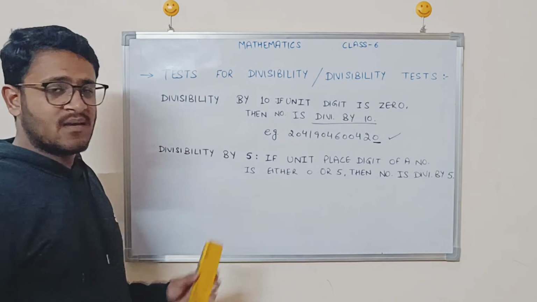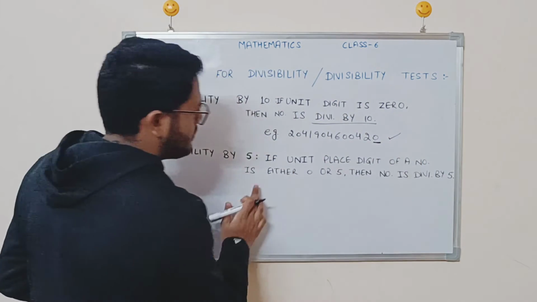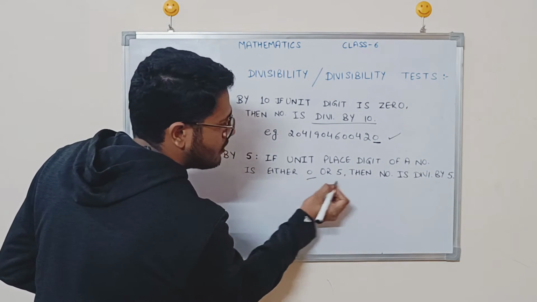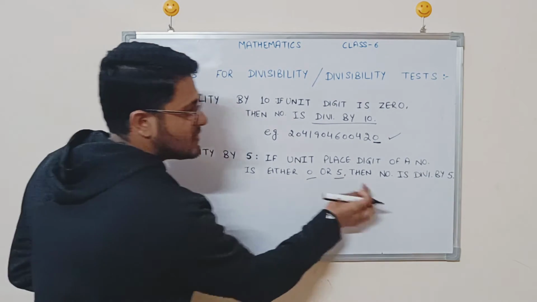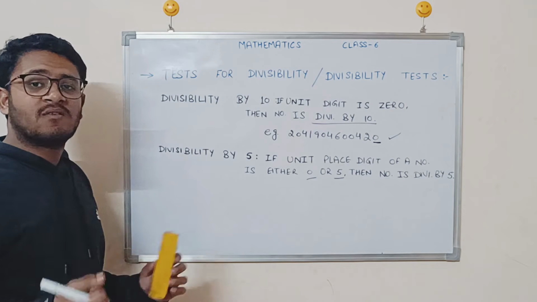Easy. If the unit place digit of a number is either 0 or 5, then the number itself is divisible by 5.